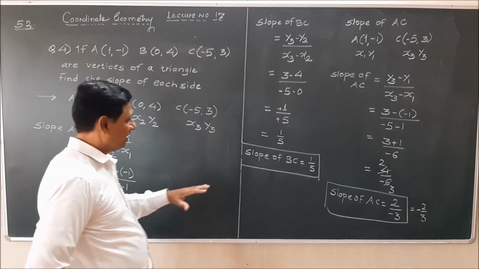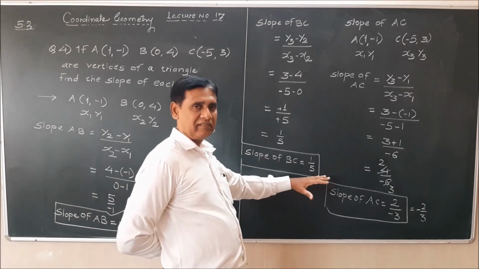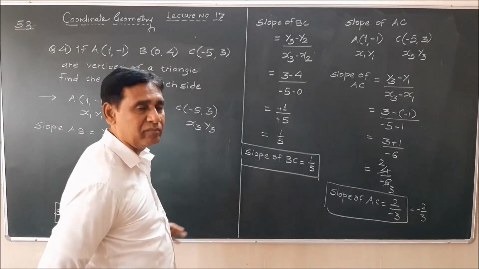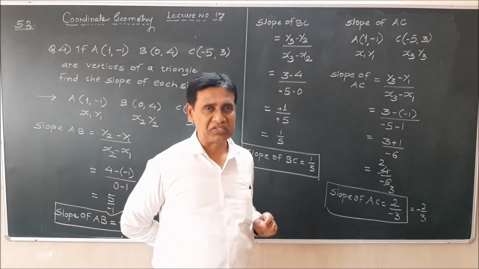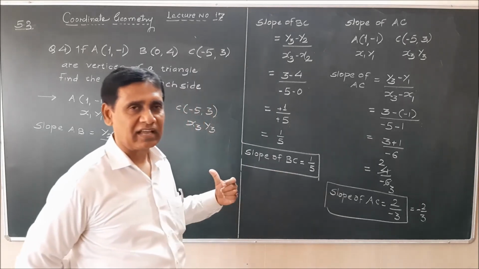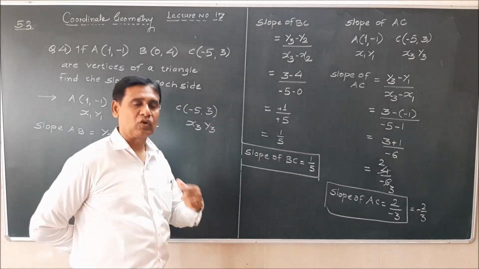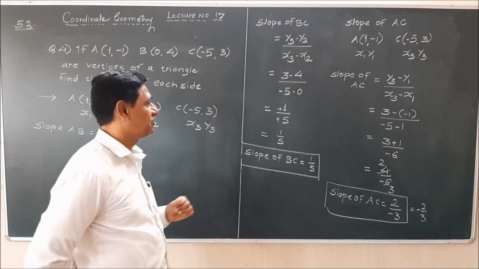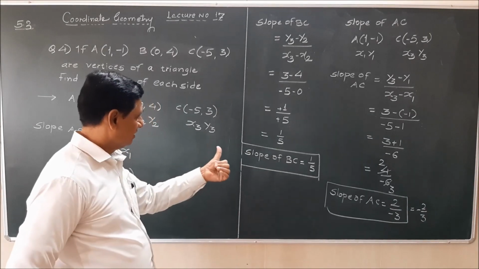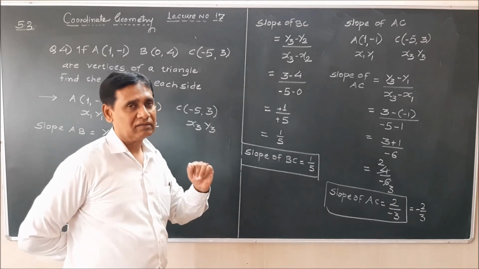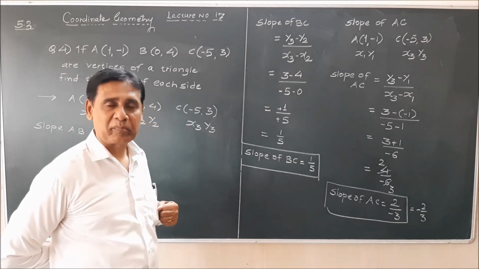The product of the slopes of AB and BC is equal to minus 1, because 5 and 5 get cancelled. And here is one very interesting point which is not given in the syllabus: whenever the product of the slopes is minus 1, the lines are perpendicular.